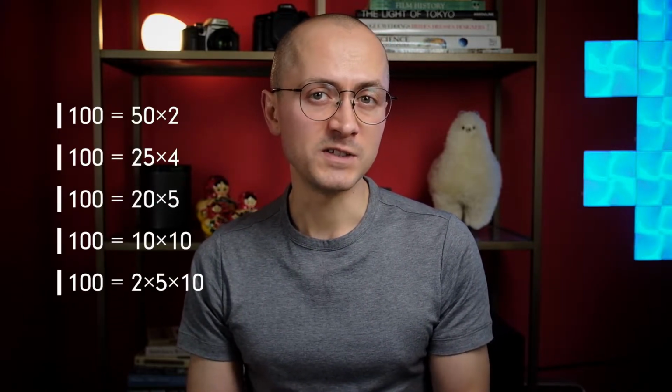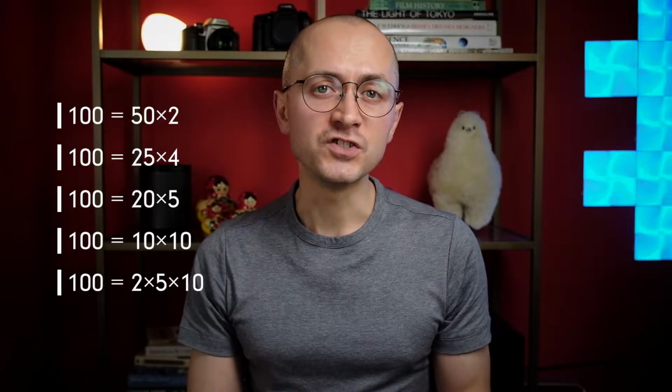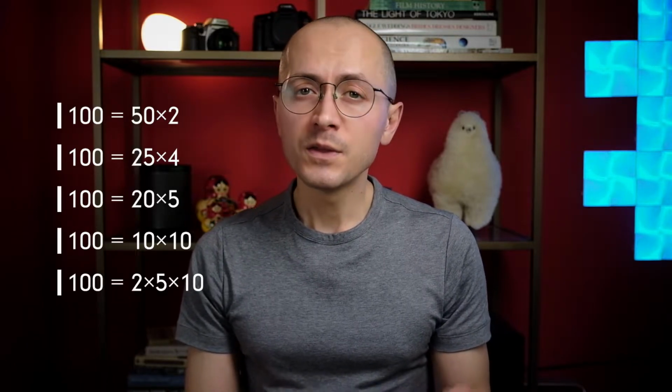To get a better sense of reciprocity, let's take a moment to consider pure math. Consider the number 100. It's the product of 50 times 2. But it can also be the product of 25 times 4, 20 times 5, 10 times 10, or 2 times 5 times 10. There are many different equations that equal 100. The same principle applies to light and photography.